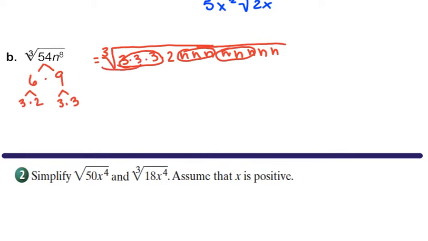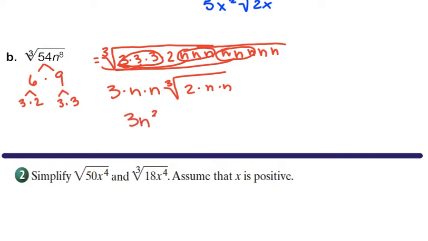So we're going to pull a 3 out, an n out, and the other n out. So outside, we have 3 times n times n. Inside the radical, we have 2 times n times n. So on the outside, simplifying this, 3n squared, cubic root of 2n squared.